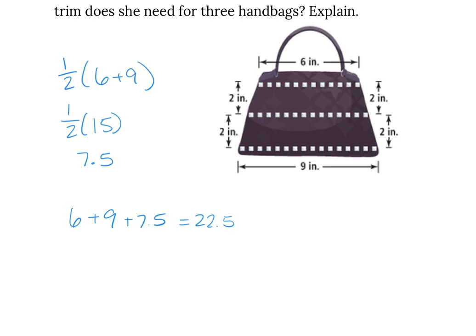She's making 3 handbags, and each handbag has a front and a back. So we're going to take the 22.5 and multiply by 2 because of the front and the back, and then multiply by 3 because she's making 3 handbags. So in total, she's going to need 135 inches of trim.